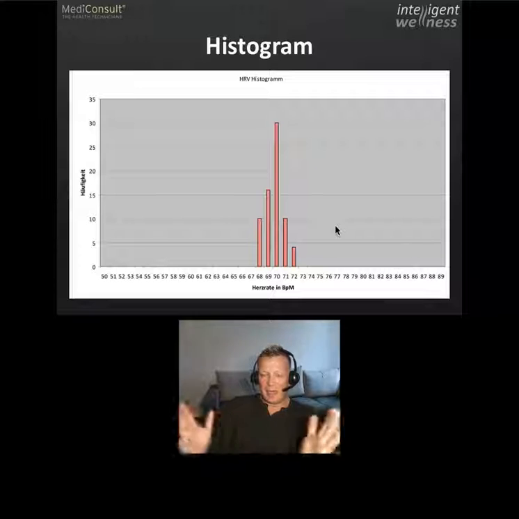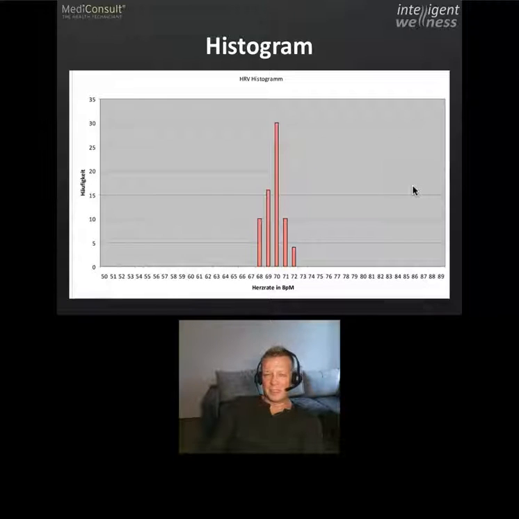So how flexible will be your heart rate within, let's say, 60 or 90 seconds. And out of this histogram, we can get a brief picture whether your HRV is very flexible or whether it's very static, which gives us a very good idea about the situation of your autonomic nervous system.